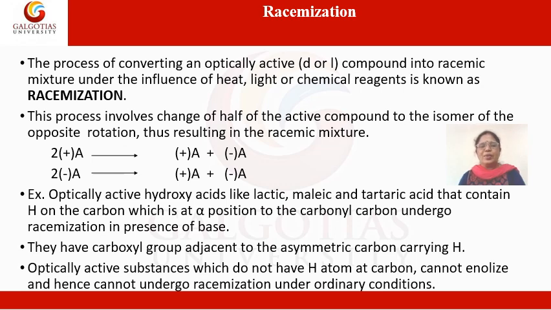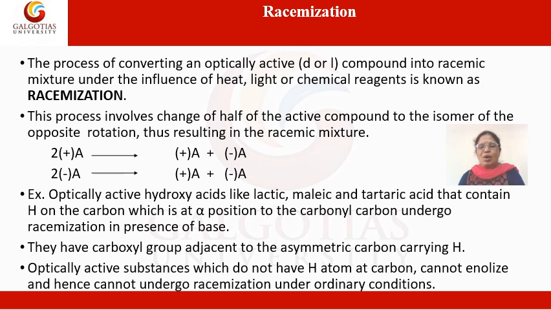Only those compounds, particularly the hydroxy acids, which contain the hydrogen on the carbon at the alpha position of the carbonyl carbon. So they have a carboxyl group that is adjacent to the asymmetric carbon, and the optically active substances which do not have a hydrogen atom at this carbon cannot undergo it.